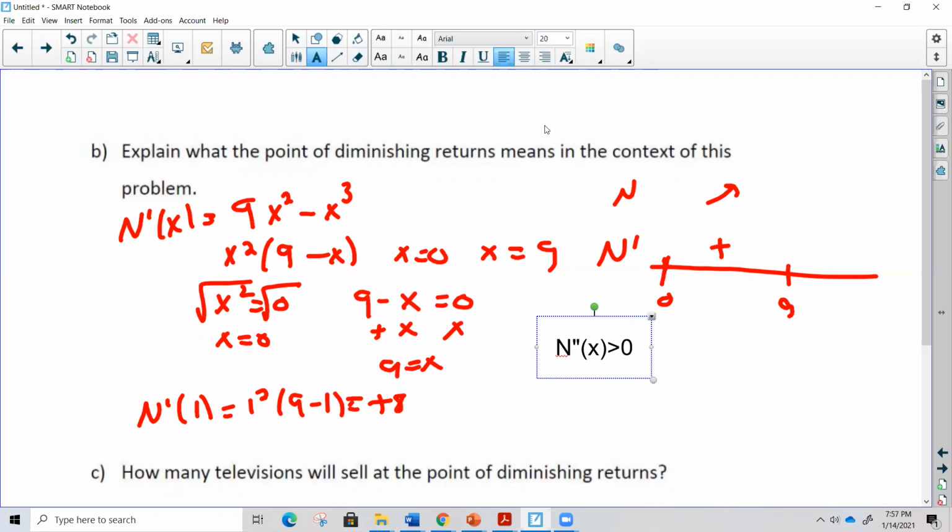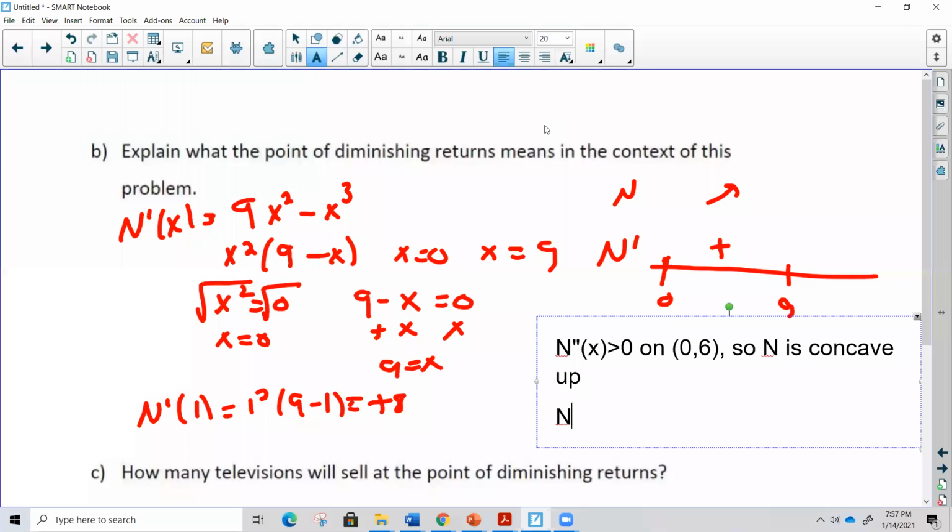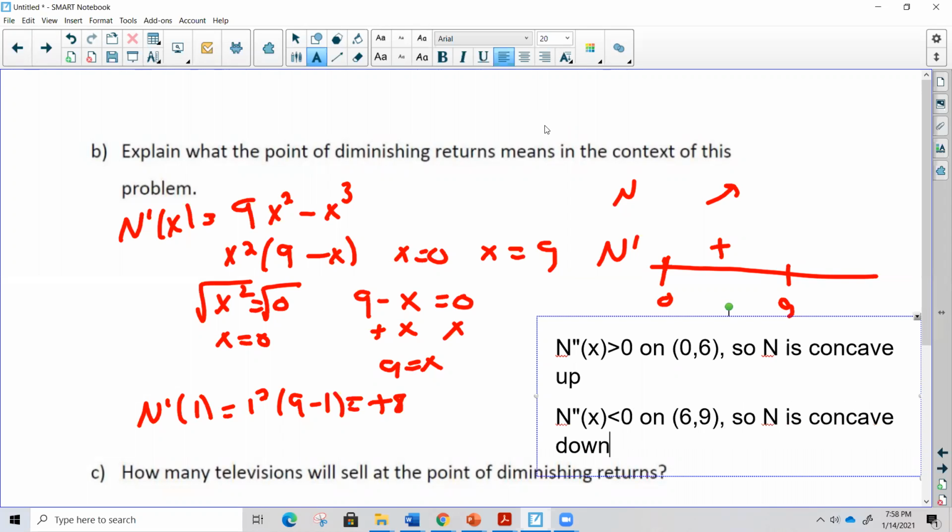So n double prime is greater than 0 on 0 to 6, so n is concave up. And n double prime is less than 0 on 6 to 9, we just checked 6 to 9 because that's the interval, so n is concave down.